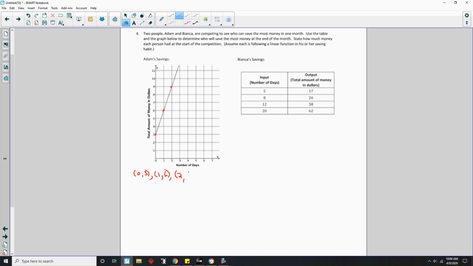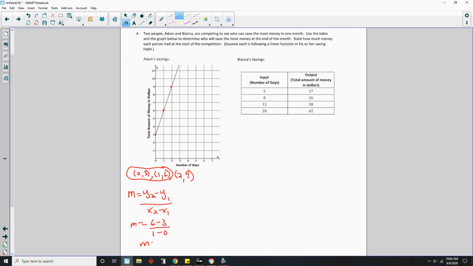and 2, 9. In order to find the slope of a line, it's y2 minus y1 divided by x2 minus x1. So in doing this with the 0, 3 and the 1, 6, I will find the slope between these two. It would be y2, 6, minus y1, 3, divided by x2, which is 1, minus x1, which is 0.